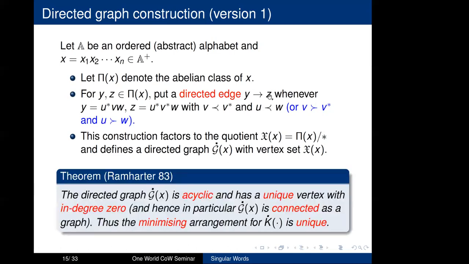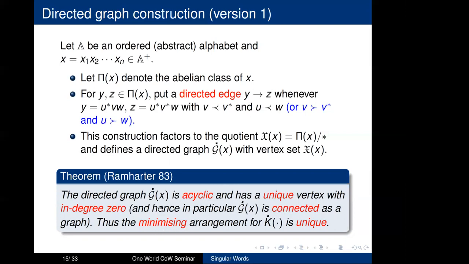And what Ramharter proved is that in this directed graph, which I'm going to call G dot of X, first of all, it's acyclic, and that's because we have those valuations that tell you that if you have a directed edge from Y to Z, then K dot of Z is strictly bigger than K dot of Y. So you can't possibly form cycles. And this graph has a unique vertex with in degree 0, which corresponds to the minimizing arrangement of K dot. And hence, in particular, this graph is connected.